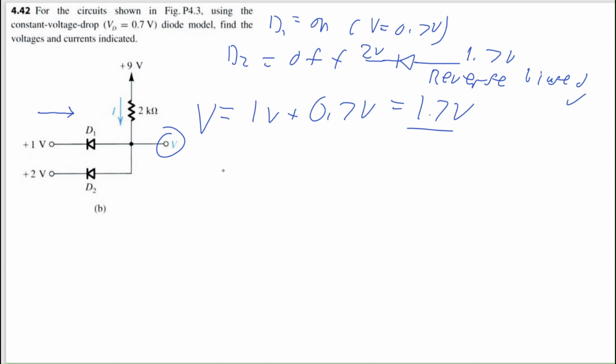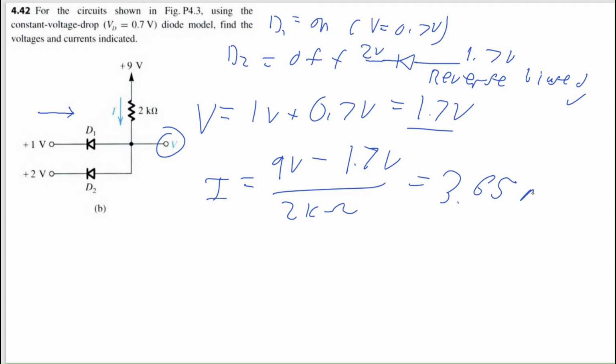So now we can just solve for current. I is equal to 9 volts minus the value of V, 1.7 volts, divided by 2 kiloohms. That is equal to 3.65 milliamps. So we have solved this problem.